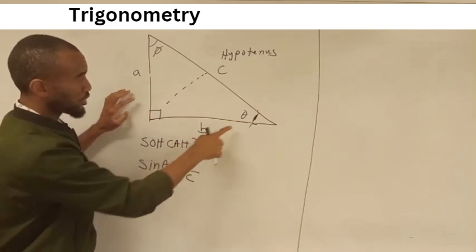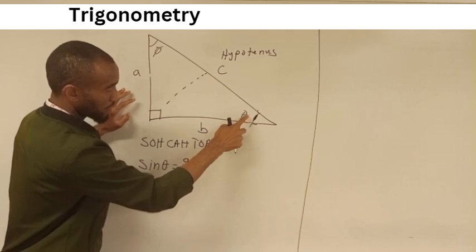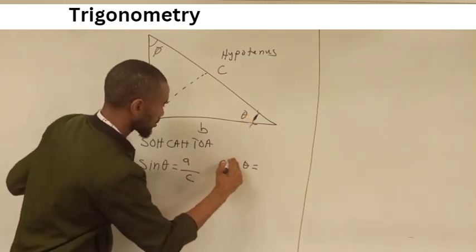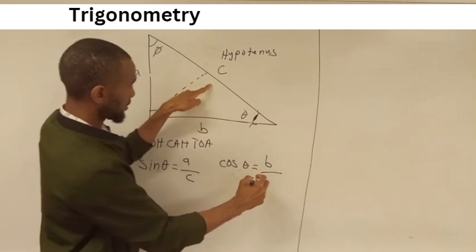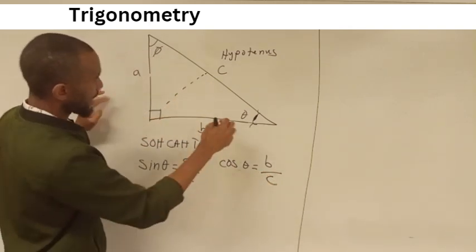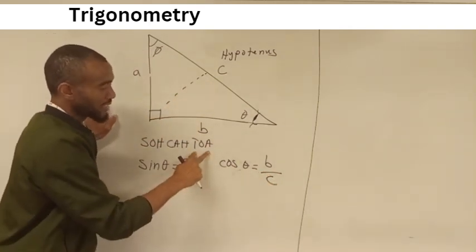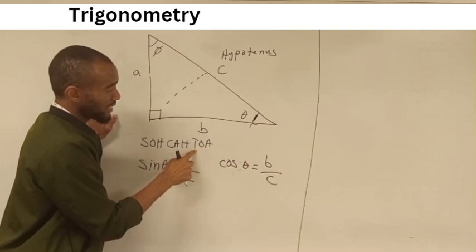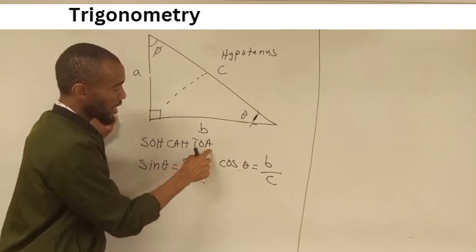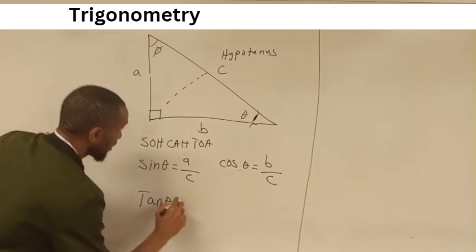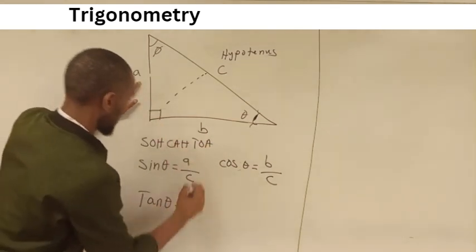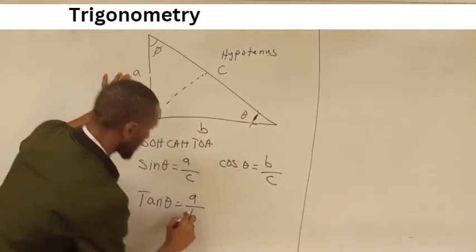So cos theta, which is adjacent, this is B all over C. And then the last one is tan theta, which states that opposite over adjacent. So tan theta, opposite in this case is A all over B.